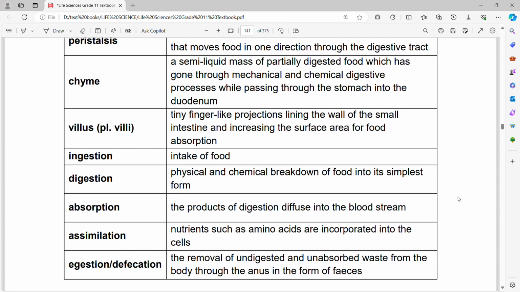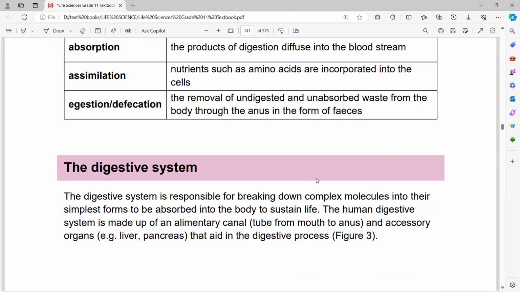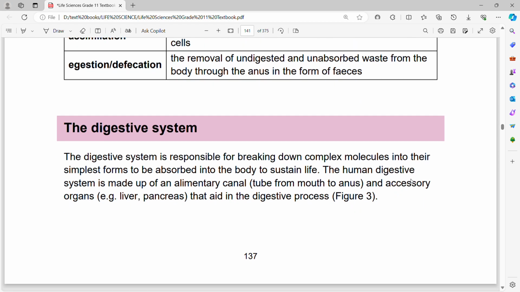Then egestion and defecation are the removal of undigested or unabsorbed waste from the body through the anus in the form of feces. So these are very important terms you must know when you are looking at the human nutrition lesson. Let's move on to the digestive system.